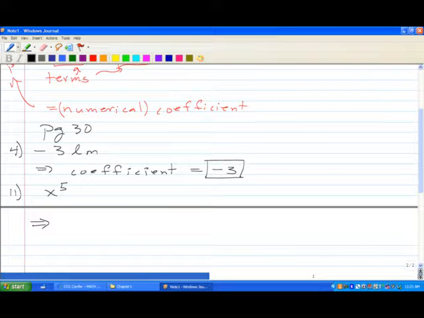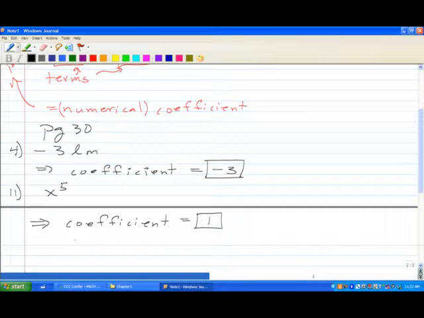And so when this situation occurs, we say that the coefficient is 1, because we can think that this term can be written as 1 times x to the fifth. So the coefficient in this particular case is a positive 1.